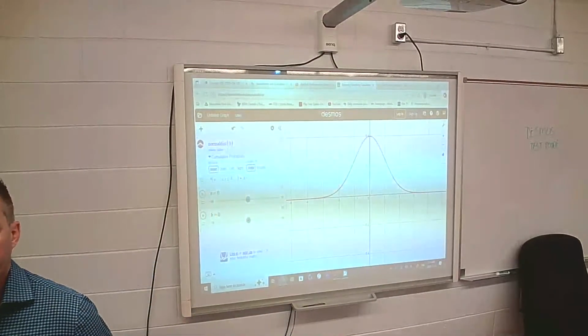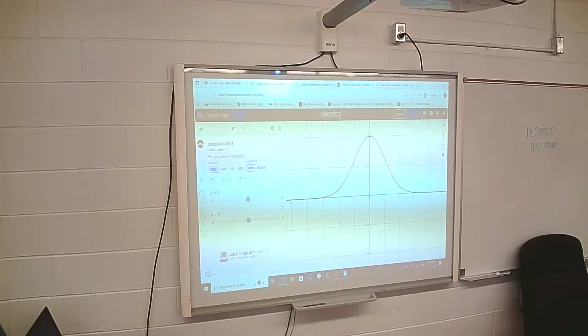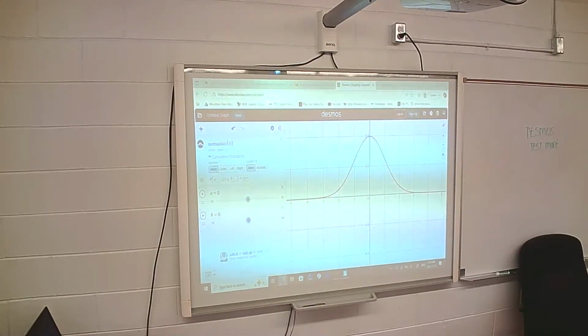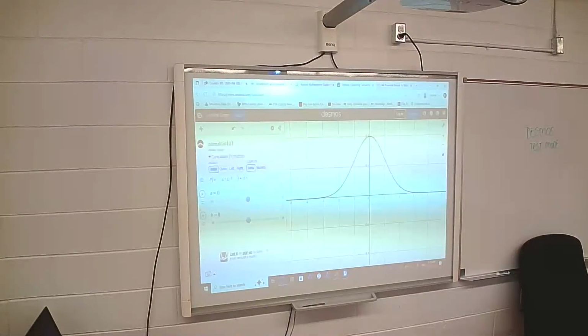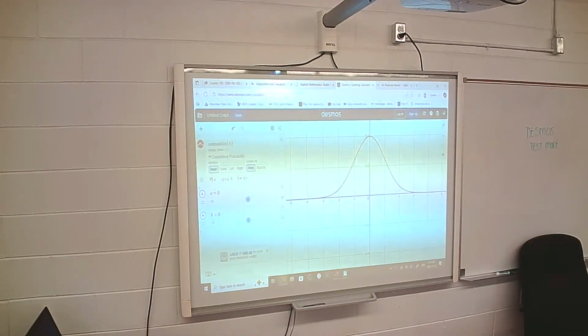Now, that's great if the standard deviation is a whole number. +1, +2, +3, +4. Zach, you paying attention here? Yeah. Okay. But what happens if the standard deviation that's given to you, which is now called the Z-score, is not a whole number?